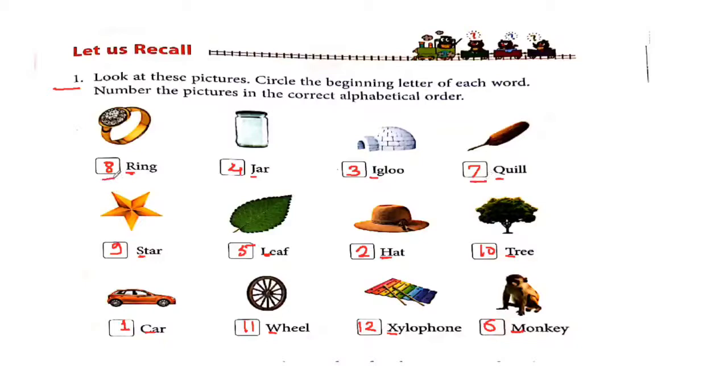R, ring. S for star. Then T for tree. U, V, W and X. Okay, so this is the alphabetical order of these pictures. Now let's move to the next question.